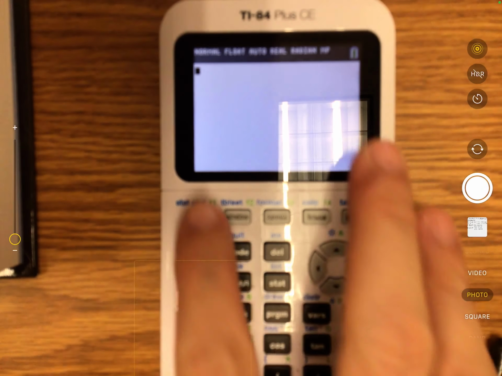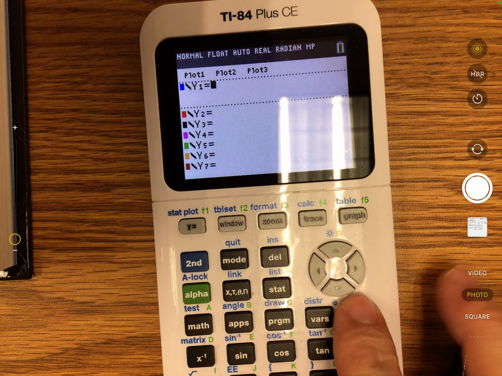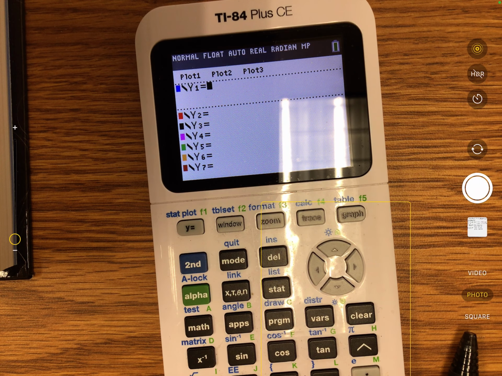We're going to graph y equals negative 2 sine x plus pi minus 2x times cosine x.